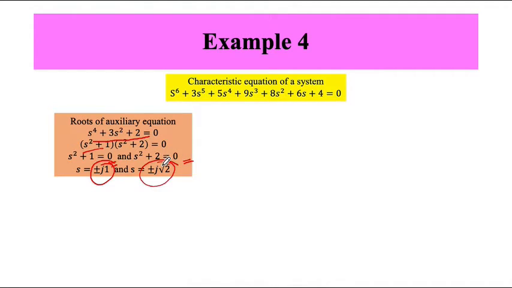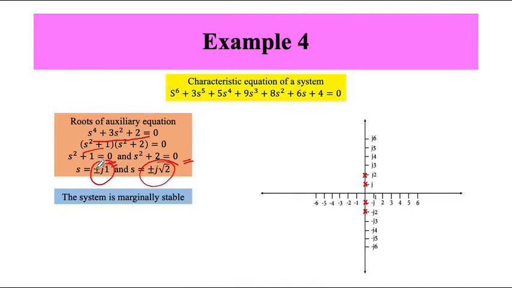Which gives me these 4 roots of my characteristic equation. So there are 4 roots of the auxiliary equation, and the 4 roots are on the imaginary axis. If we draw the s plane, this is sigma, this is j omega.